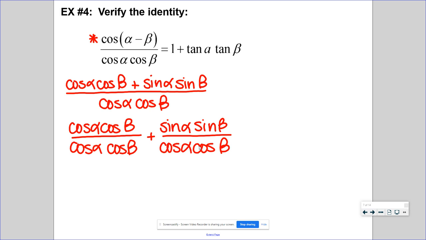Okay, so what does that allow you to do? Well, that allows you to look and see if you can simplify anywhere. The second fraction can't really simplify, but over here I can cancel the cos alphas and the cos betas. So that makes that equal 1, which is one of the two things we need. And then this part I can't really simplify. However, sine alpha over cos alpha equals tangent of alpha. Sine beta over cos beta equals tangent of beta. And then we have the equation now is equal to the right side, so we are finished.